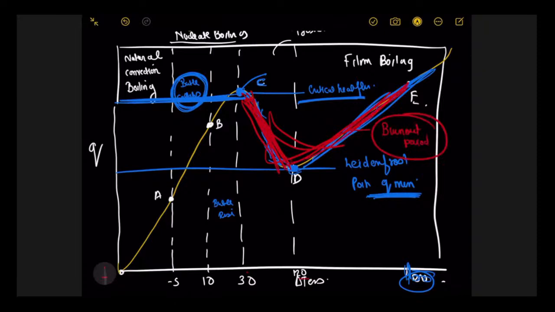Because here you are just burning the energy, but there is no enhancement in the Q value. Got this point? So draw this diagram.